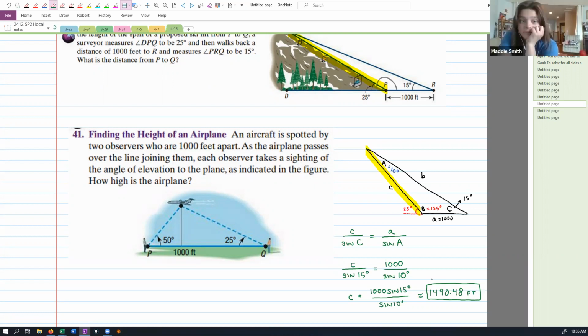The height of the airplane question is the bonus question. This problem is a little different because you're trying to find what that is.